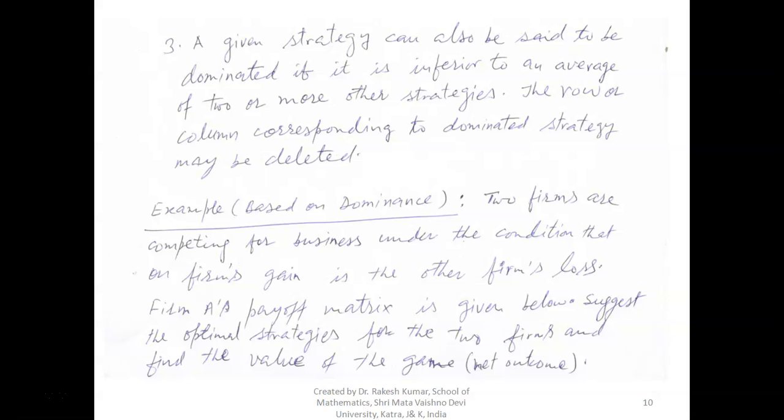In those cases you can search for the average of any two rows or any two columns, and then again we can apply the same kind of principles like 1 and 2, that if the average of two or more strategies dominates some row or some column, then that row or particular column may be deleted.